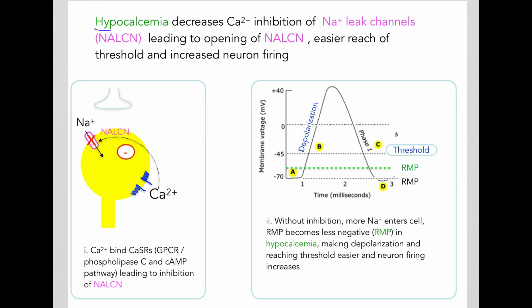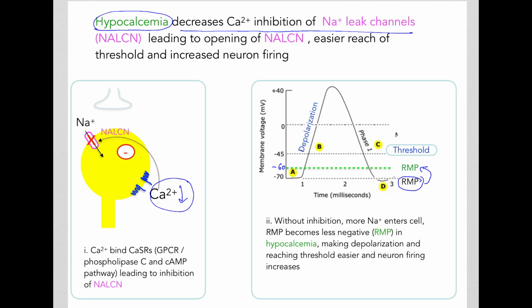However, in hypocalcemia, the low concentration of calcium in the serum or extracellular fluid will decrease this calcium inhibition of NALCN. So the RMP now from -70 becomes even less negative, let's say -60.